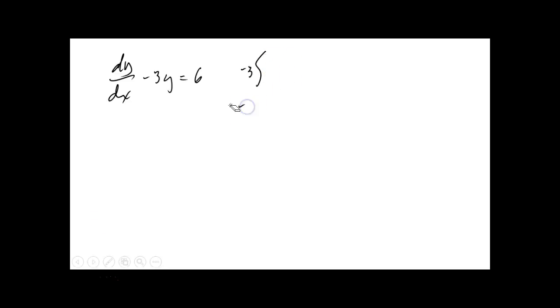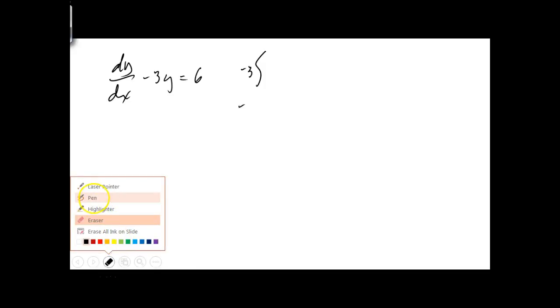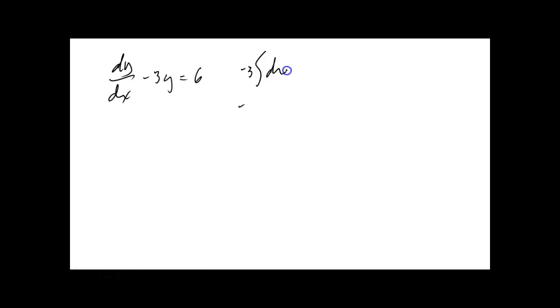The p of x, which is just minus 3. Minus 3 dx. That will be minus 3x. And then what do we do with that? Write it as the exponent of e. That is now your mu of x.